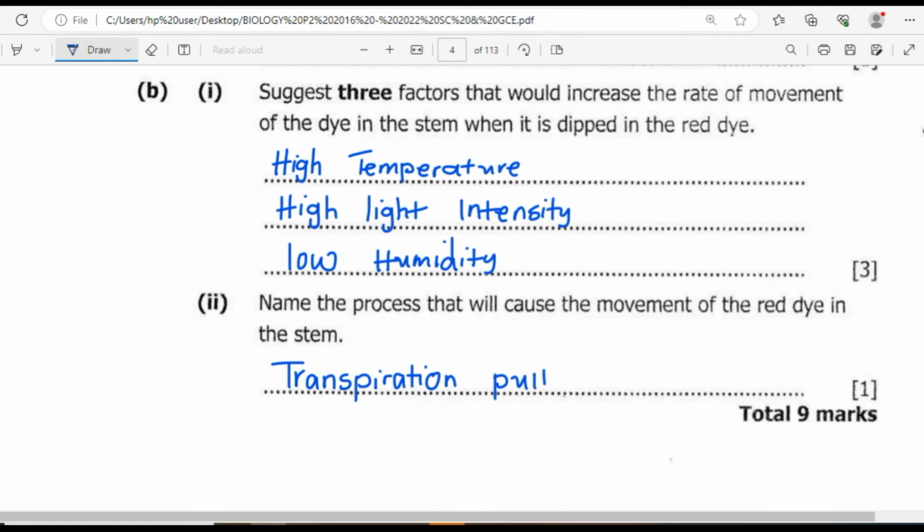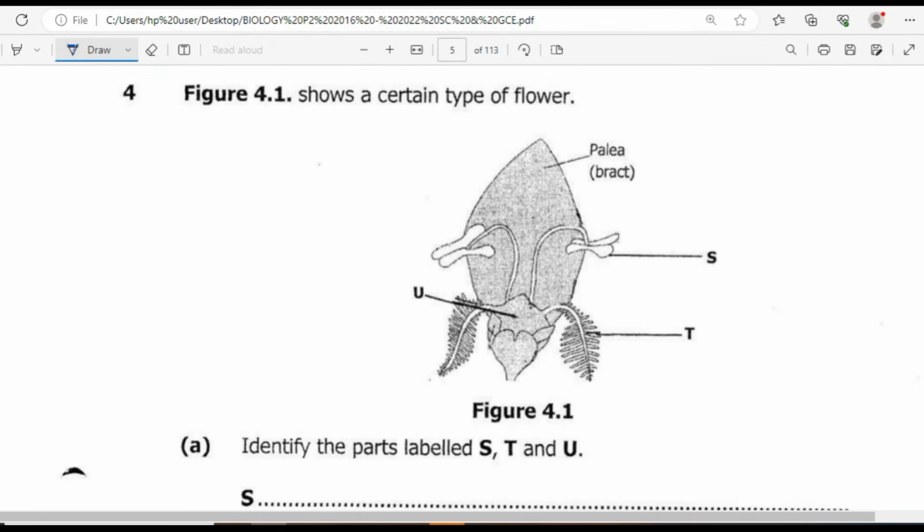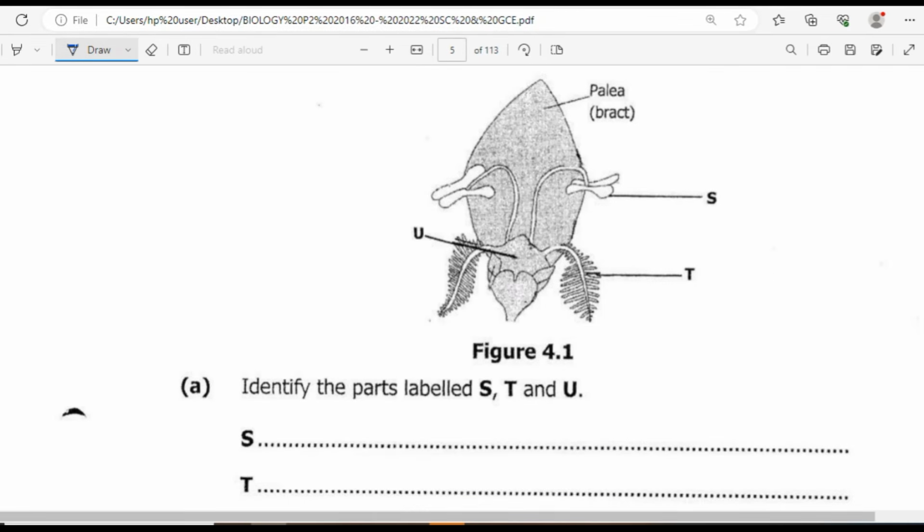Okay, so now let's move on to question 4. Figure 4.1 shows a certain type of flower. Then we have parts S, T, U. The question is, identify the parts labeled. What's our S? These are anthers.